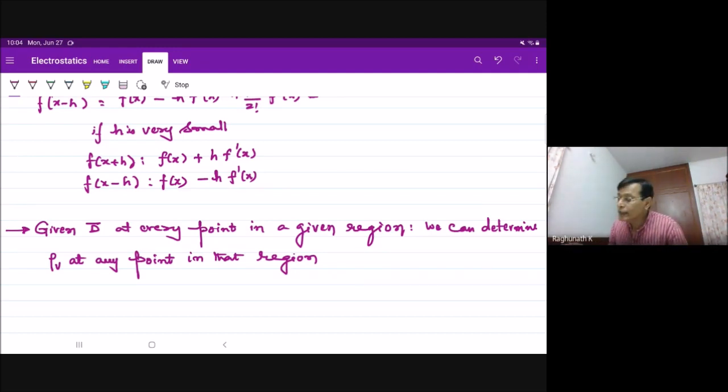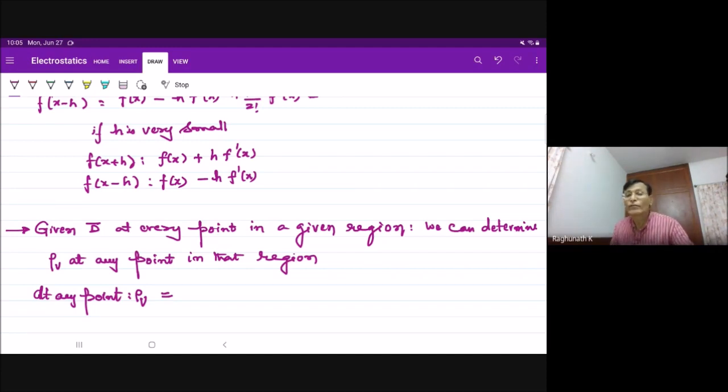Can somebody tell me what is rho v at any point? What is rho v equal to? Volume charge density, how is it defined?